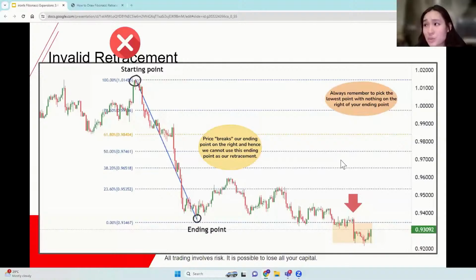So we want to always remember to pick the lowest point with nothing on the right of the ending point. Similarly, if you're looking at an uptrend instead of, in this example, a downtrend, you want to look for something that doesn't have a highest point to the right of the ending point. Basically this example, but flipped.